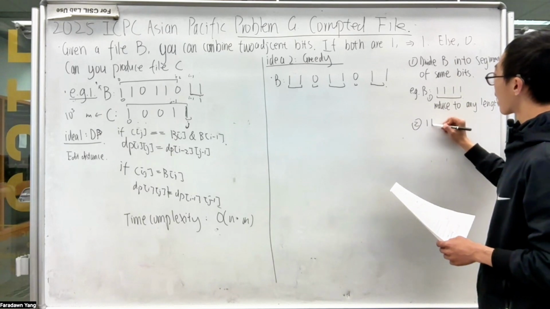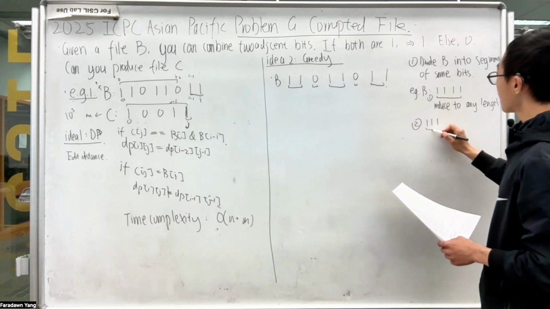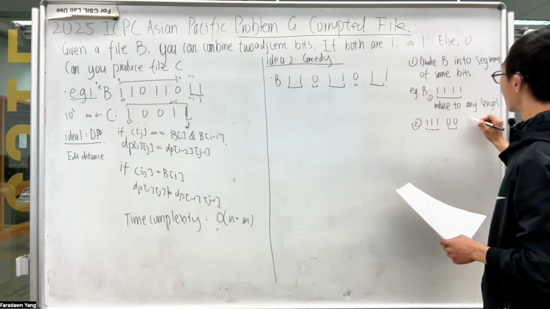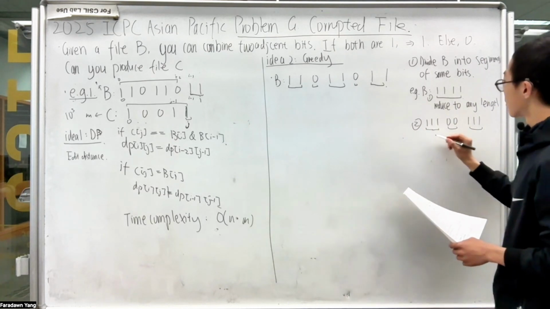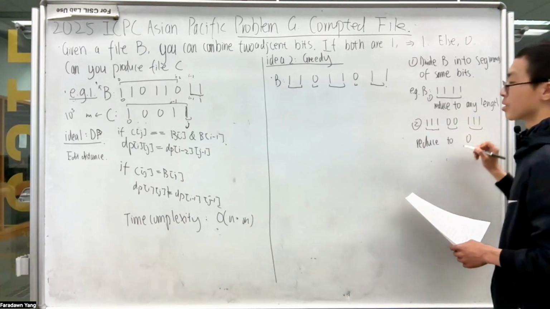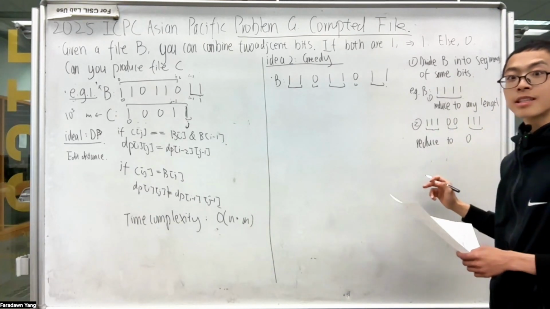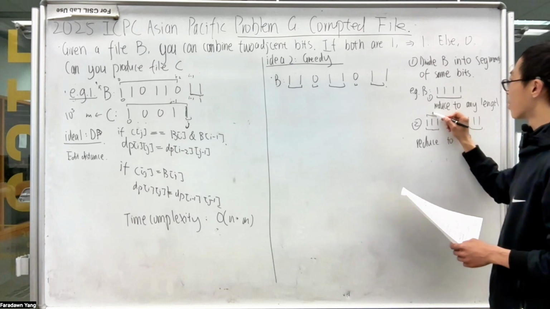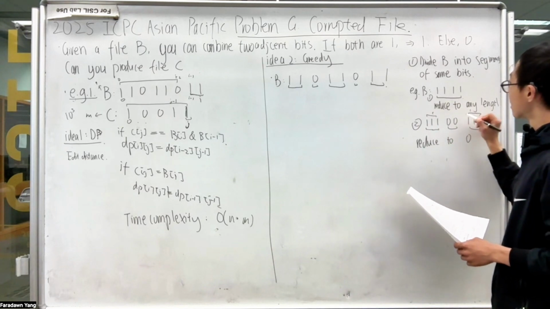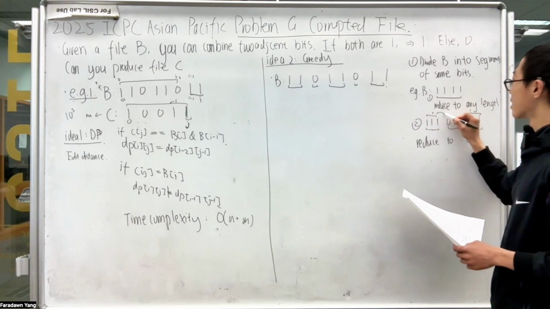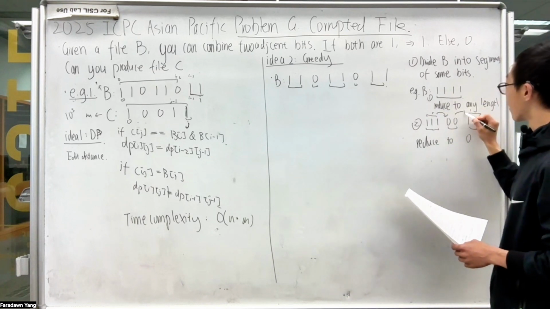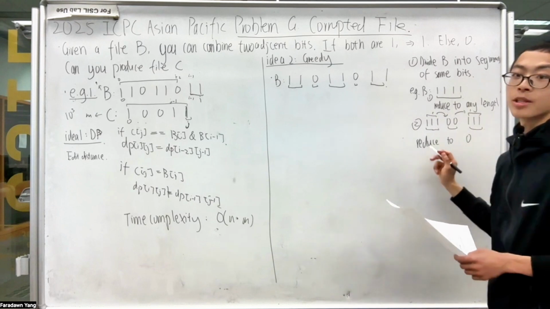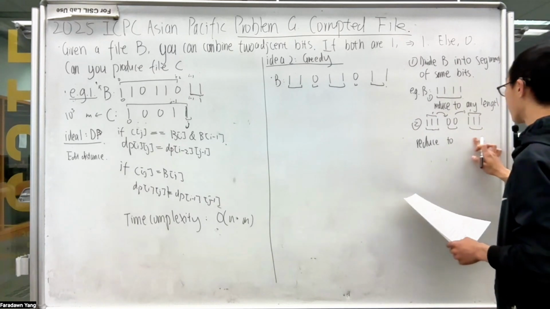But what if we have segments of 1 and segments of 0, and maybe some 1 here? If it's a mixture of segments, we can reduce this to a 0 segment. Why? We reduce this to 1, and then combine this with 0, which produces 0, and combine with the second. So we can reduce it to a segment of value 0.